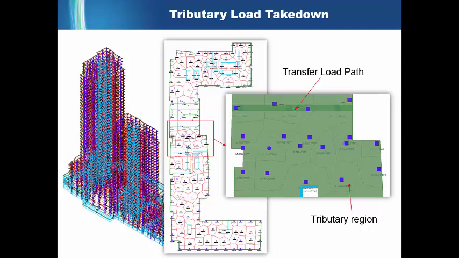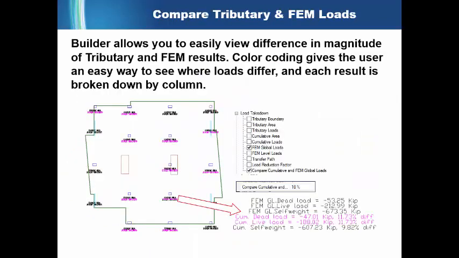You can then use the tributary load calculations to begin with design steps, including designing your foundations, your transfer elements and levels, as well as columns and walls. You can also use the tributary loads to validate your model. The solution includes a colorized option to display on plan locations where the FEM and tributary loads differ by more than a certain percentage, which the user can customize.